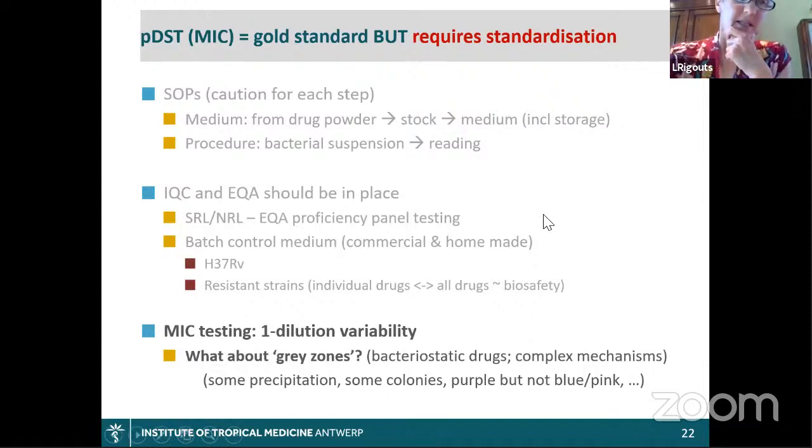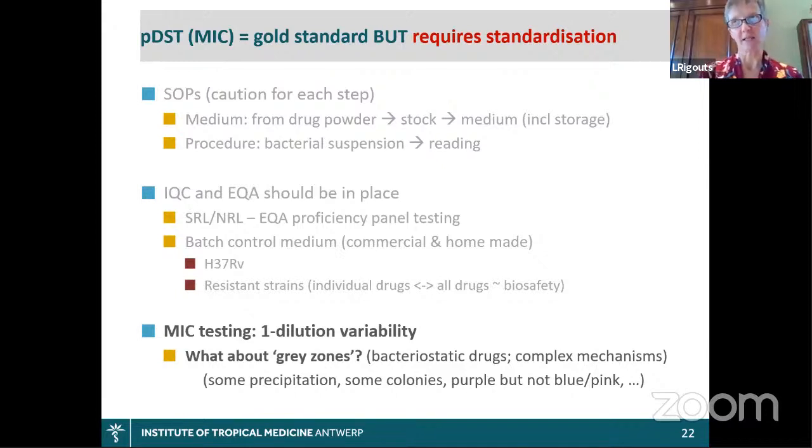But phenotypic DST, although it is still considered the gold standard, needs further standardization. And the things I've written here in gray, I think you are all familiar with, the need for EQA and internal quality control. What I wanted to highlight mostly is when you do MIC testing, we all know that you can accept one dilution variability between two results to consider it as still being the same result.